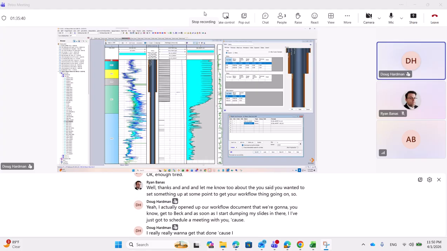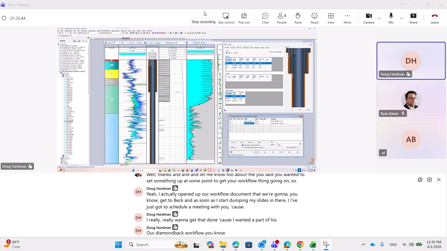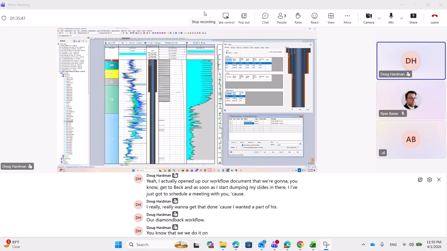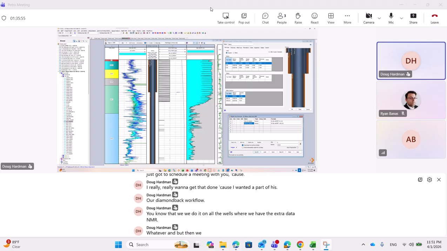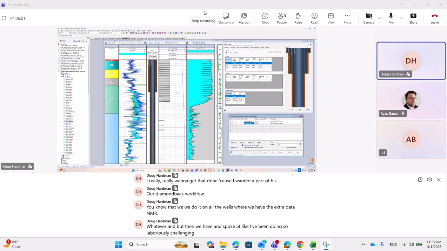I want a part of our Diamondback workflow that we do on all the wells where we have the extra data, NMR and whatever, but then we hub and spoke it, like I've been doing so laboriously, which is challenging because of my archaic software that I'm piecing together.